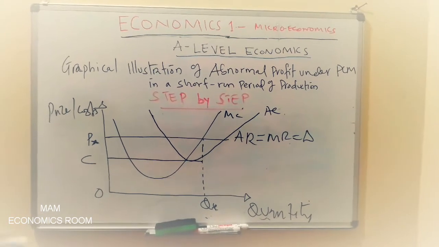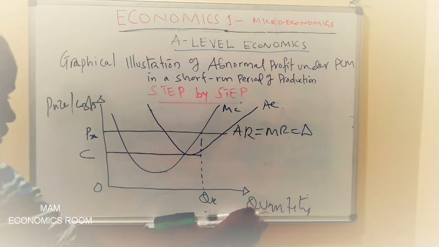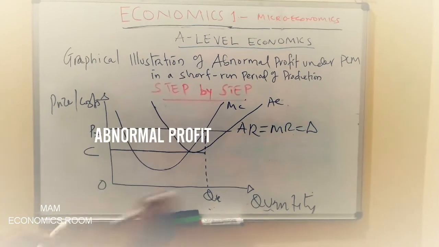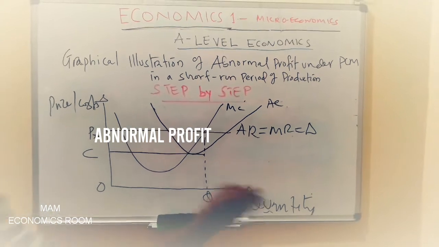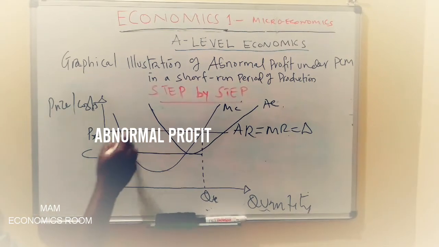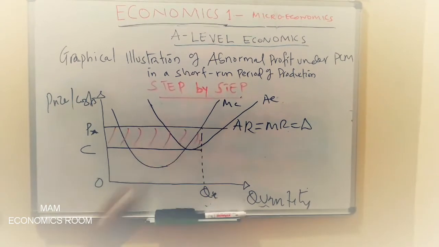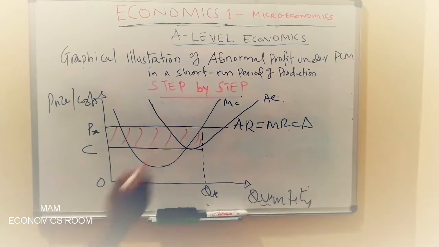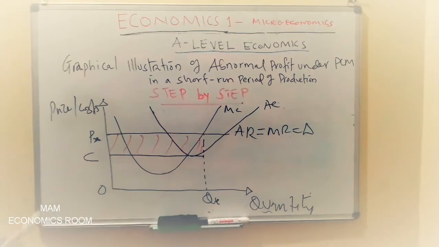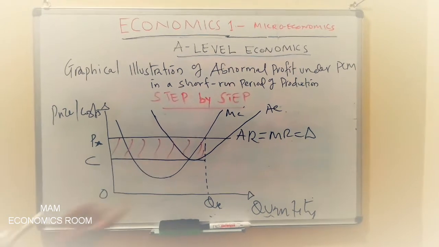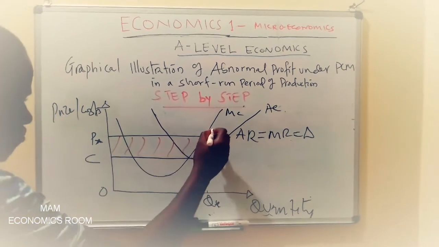The work is simple. So we are going to shade out. Why are we going to shade out? Because we want to show where the point of abnormal profit is. So the shaded area, PC, maybe let's name here MN.